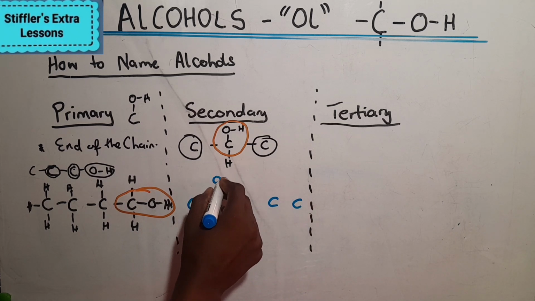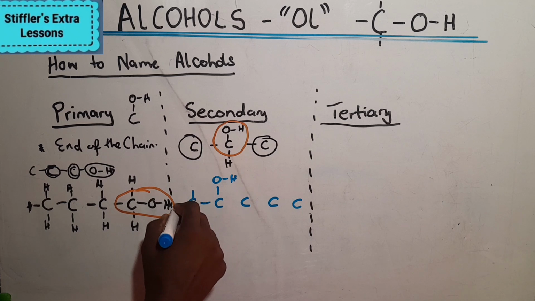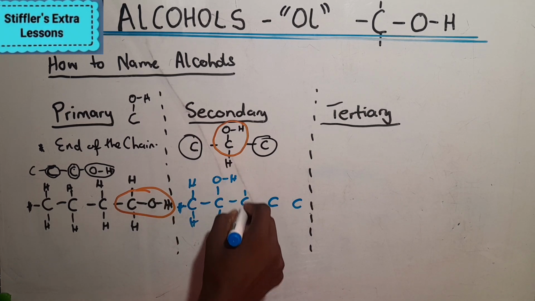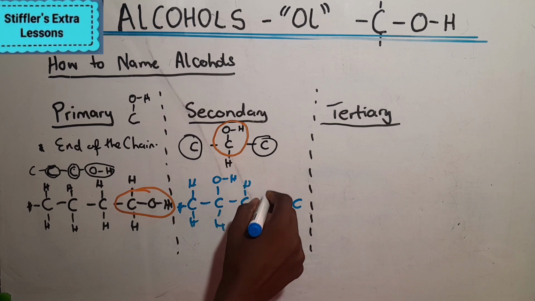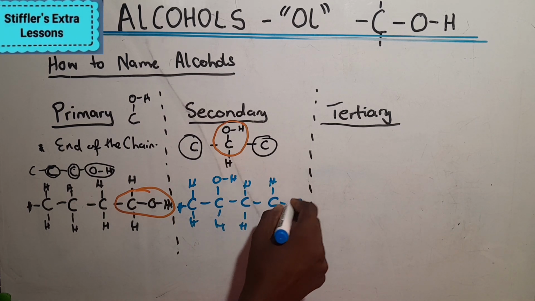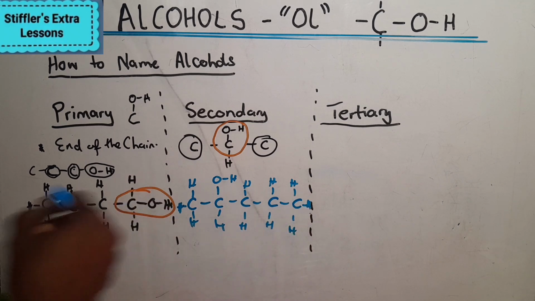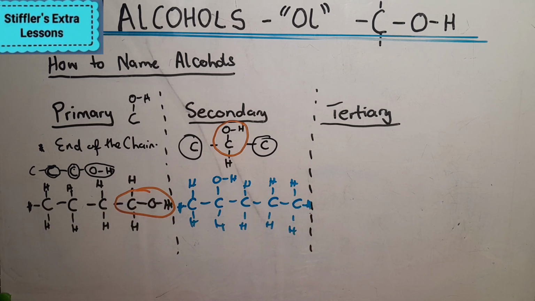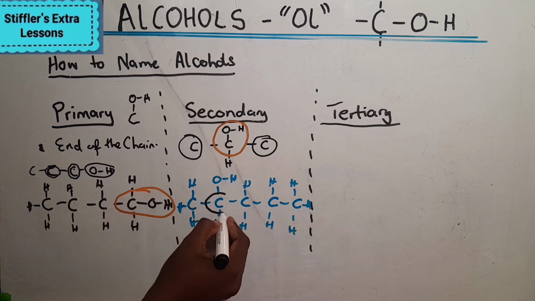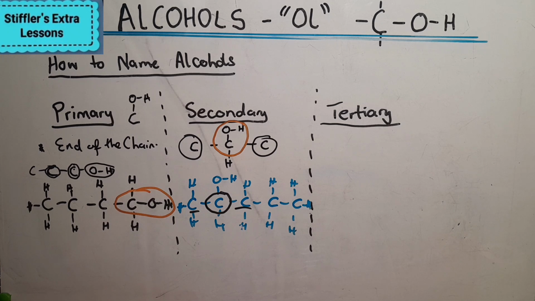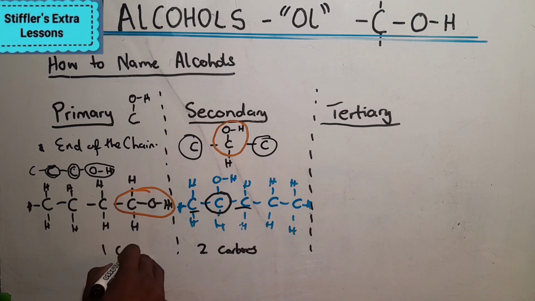This carbon that is carrying this hydroxyl is just bonded to two other carbons like that. Can you see this carbon that is carrying this hydroxyl? This carbon is just bonded to this carbon and that carbon. So it is bonded to two carbons, whereas in the primary it is bonded to one carbon.